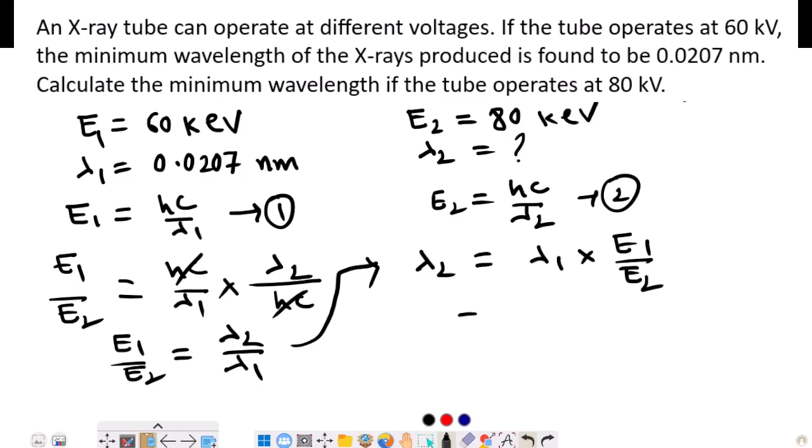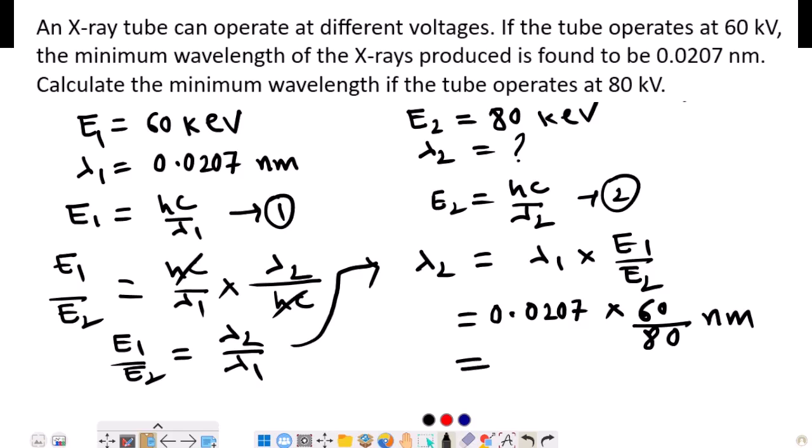Now put in all the values: lambda 1 is 0.0207 nanometer, and E1 by E2 is 60 keV by 80 keV. We are dividing both the energies, so the unit cancels and the unit of lambda 2 is nanometer, as we have put the value of lambda 1 in nanometer.